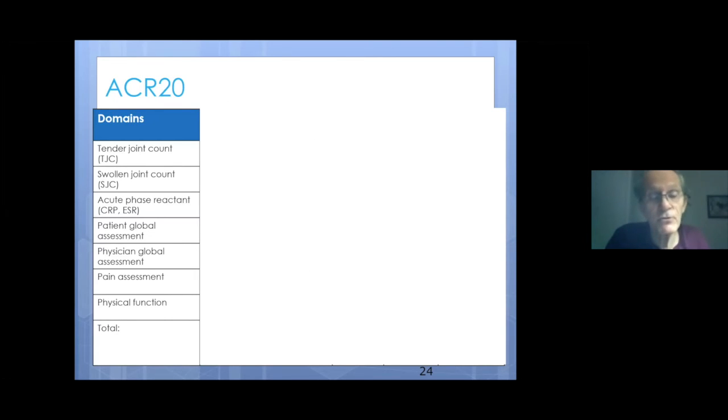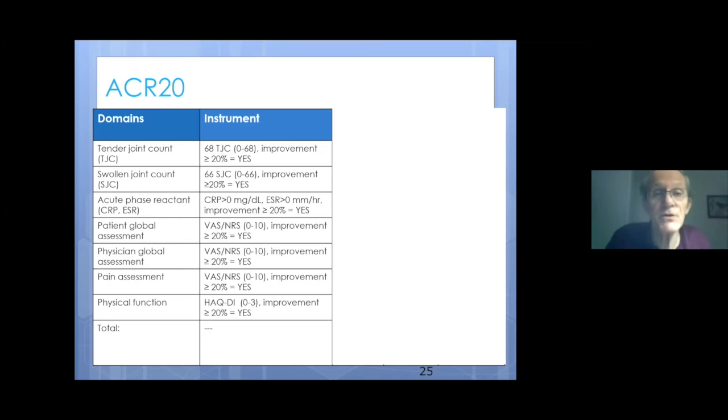In terms of our steps, the domains of this composite are tender joint count, swollen joint count, acute phase reactant, patient global assessment, physician global assessment, pain assessment, and physical function. The corresponding choice of instruments are the 68 tender joint count with an improvement of greater than or equal 20% yielding yes, a 66 swollen joint count with improvement of greater than or equal 20% being yes, the CRP or ESR with improvement of 20% or more providing yes, and then we have a VAS or numeric rating scale of 0 to 10 for either the patient global, physician global, or the pain assessment.